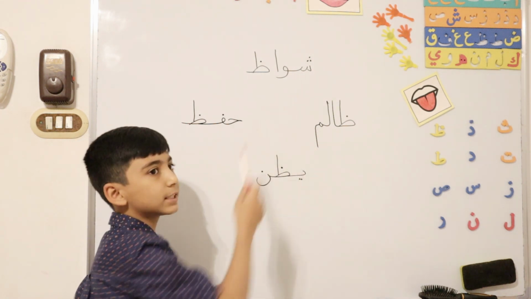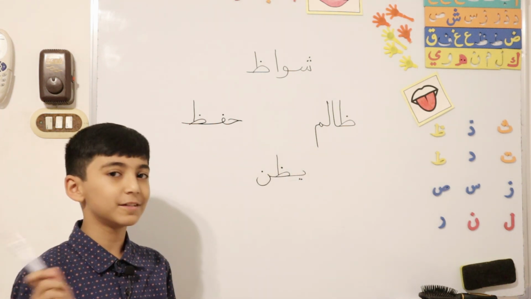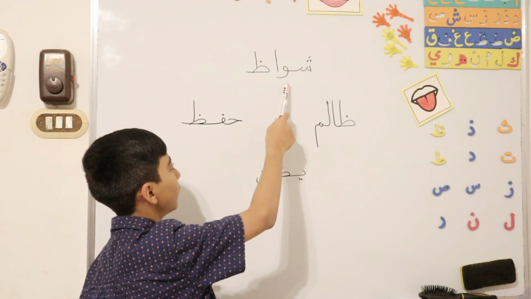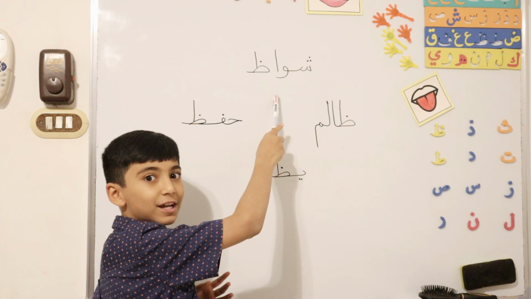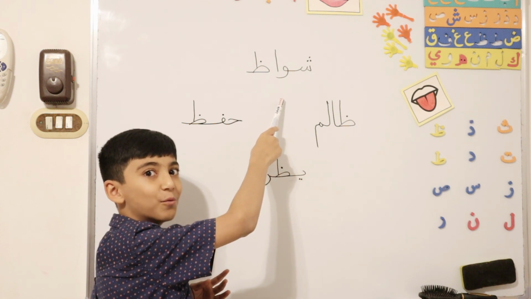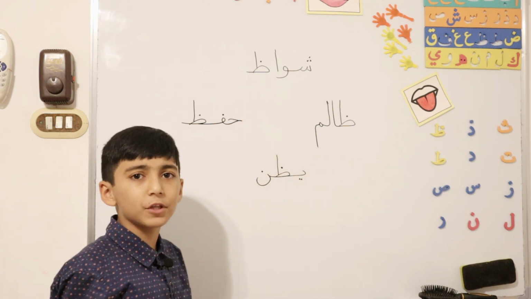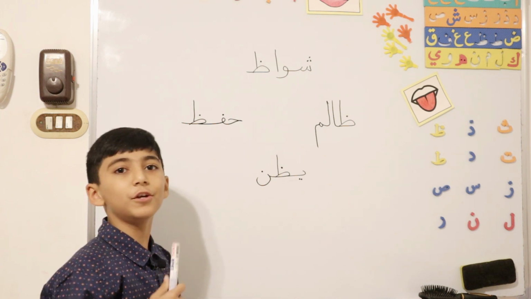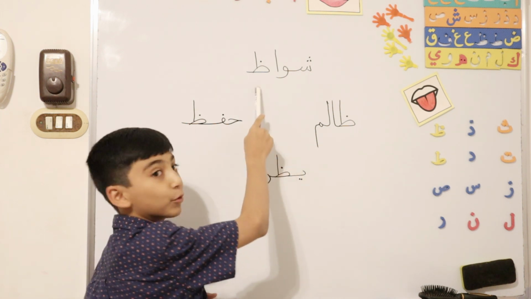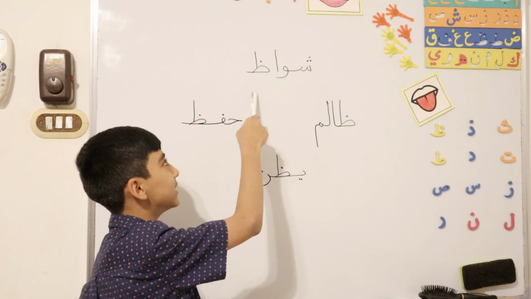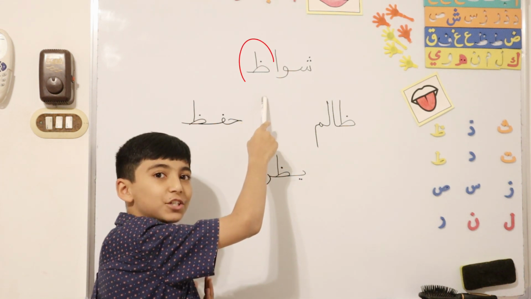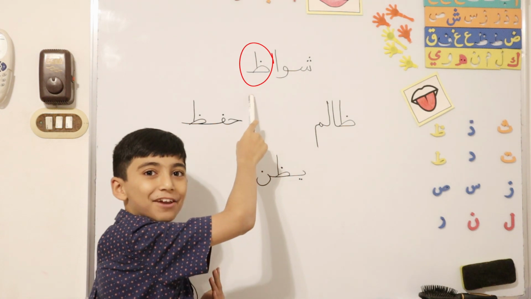No, I can't see any fat stomach. What about the second letter? No, but we learned it before. It is letter Waw. What about the third letter? No balloon. And what about the fourth letter? I can see a balloon and a stick also, and a dot. So this is letter Fa.